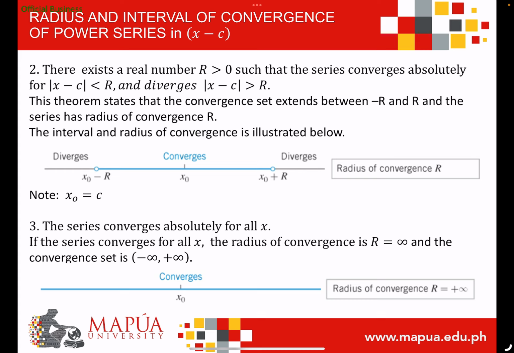The interval and radius of convergence are illustrated below. It is centered at x sub 0, and plus r or minus r is the radius of convergence. The series converges absolutely for all x. If the series converges for all x, the radius of convergence is r equal to infinity, and the convergence set is from negative infinity to positive infinity.